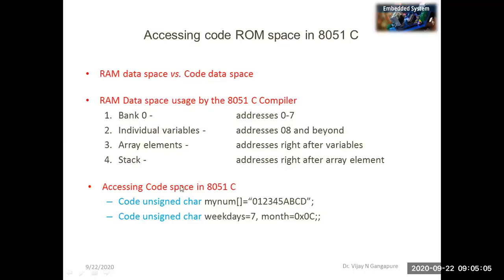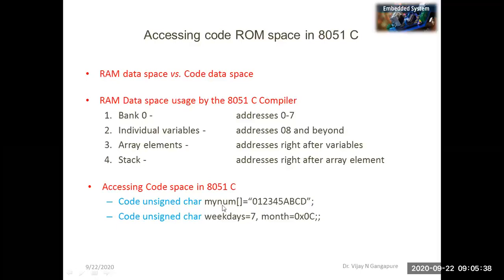Then how to write that data with your program in code or program ROM of 8051, that is the main issue. So for that, in your program, if you write a statement like this, code unsigned char mynum square brackets is equal to, in double quotes, whatever string you can write. Okay, so what is the meaning of this statement? This is obviously a declaration statement.